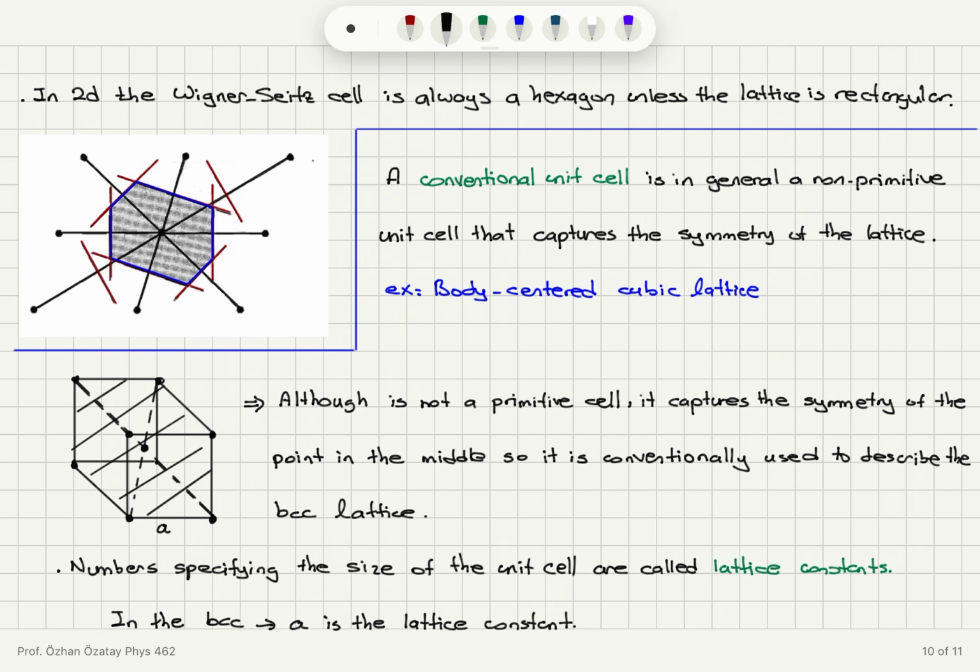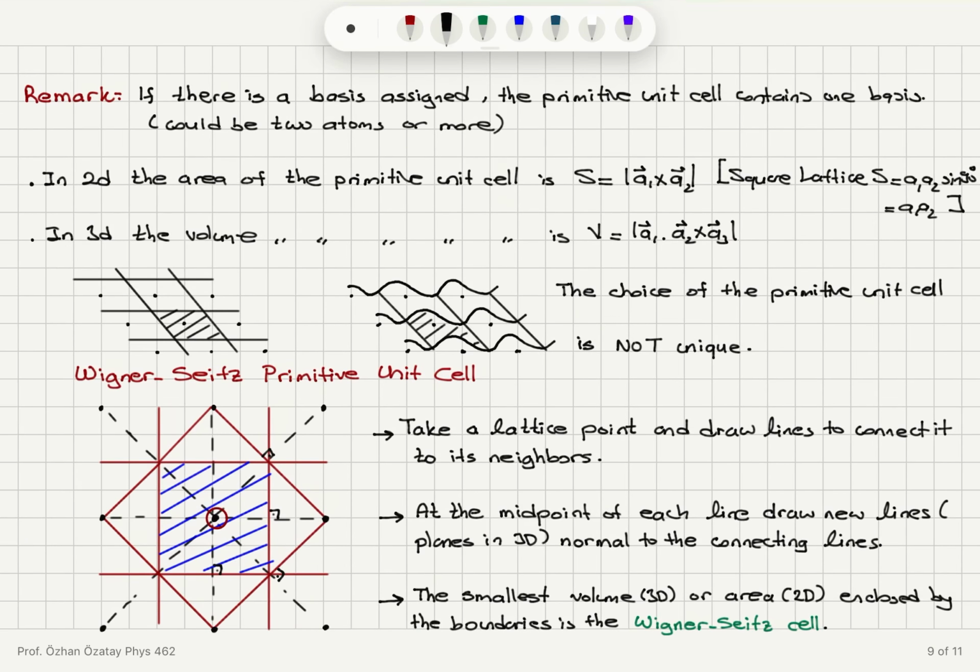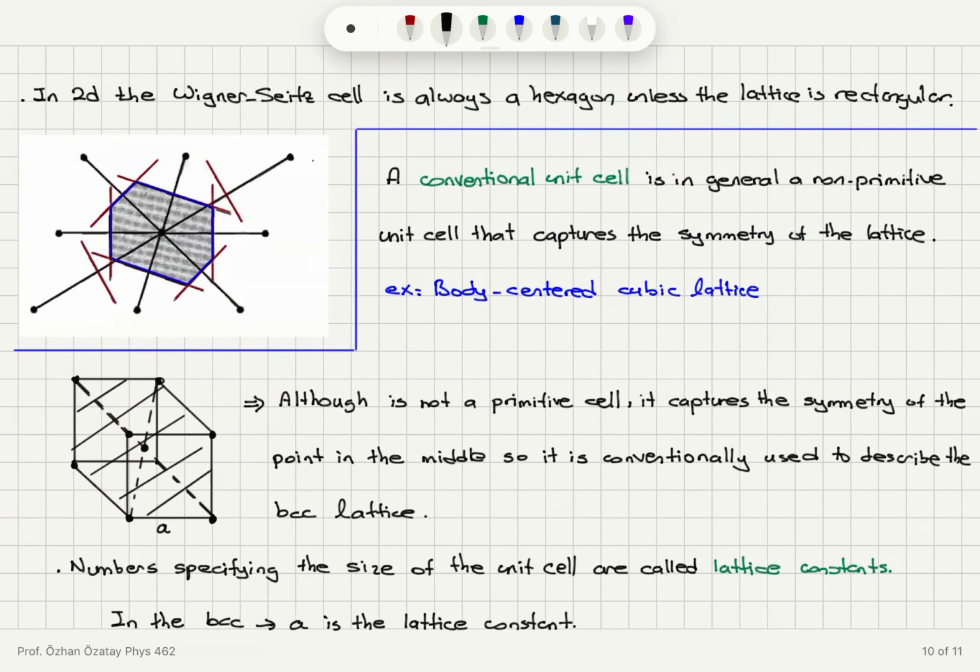Now, in 2 dimensions, the Wigner-Seitz primitive unit cell is always a hexagon unless the lattice is rectangular. The square lattice is rectangular, so it was not a hexagon.